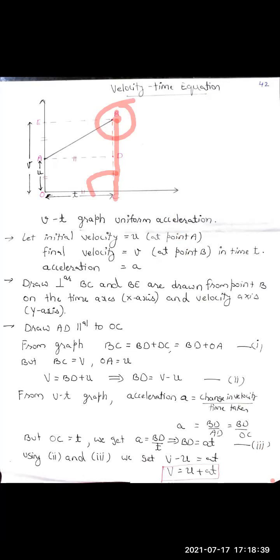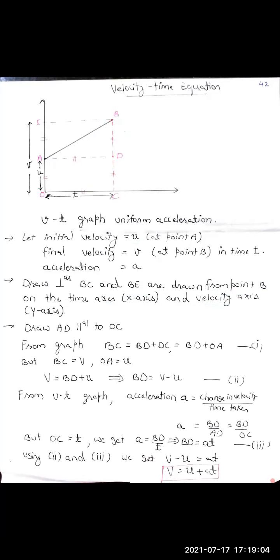And secondly, you will draw a perpendicular line on y-axis from point B, and that line is BE. They are perpendicular lines on x-axis and y-axis respectively. Got it? Okay, this is your first construction.